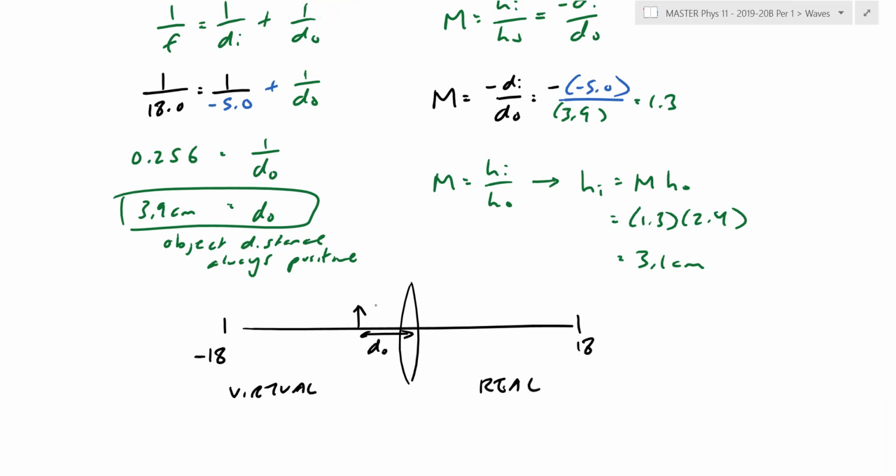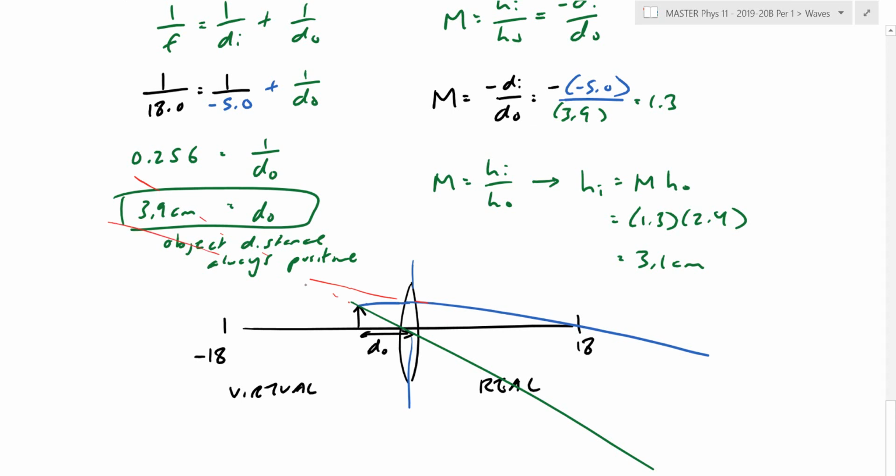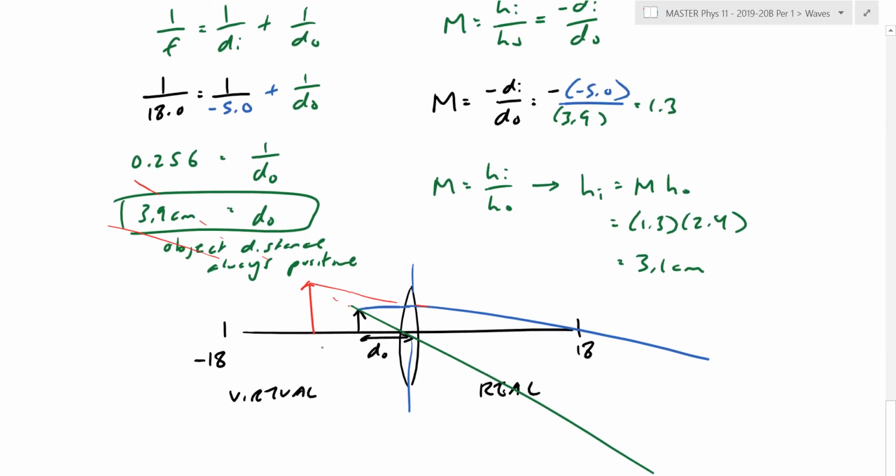When I draw my light rays, it's a parallel ray. It refracts through F on the other side. The one that goes undeviated is the one through the vertex. If I backtrack here, I should have left myself a little bit more room, it will eventually intersect somewhere back here. The distance of the image was negative, so that's why di was actually a -5.0.